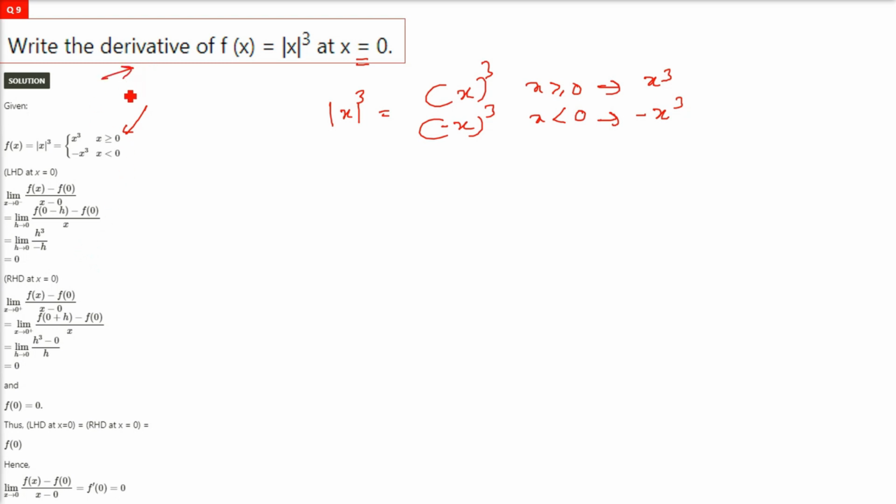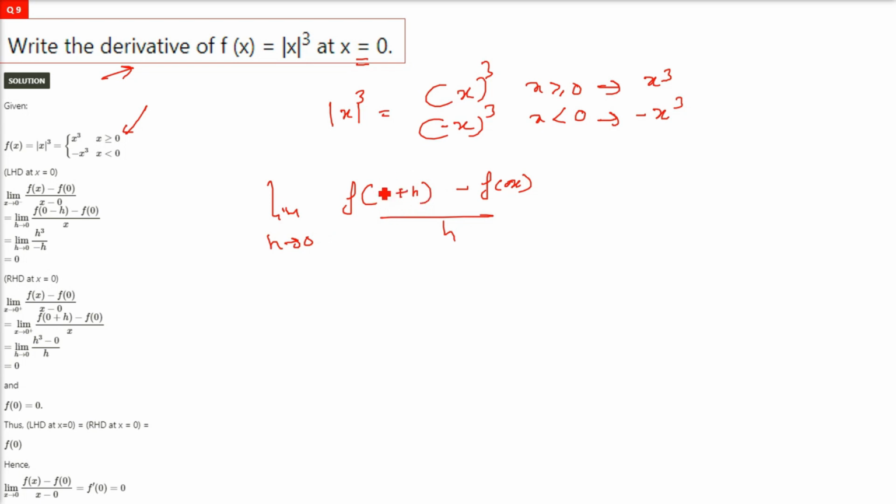Just because we are on the chapter of differentiability, that's why we have to do like this. But in the examination, there will be no chapter-wise question. It will be simply write the derivative. So it is simply first principle, f(x plus h) minus f(x) by h. You'll see the answer will come same as the solution I have provided you.